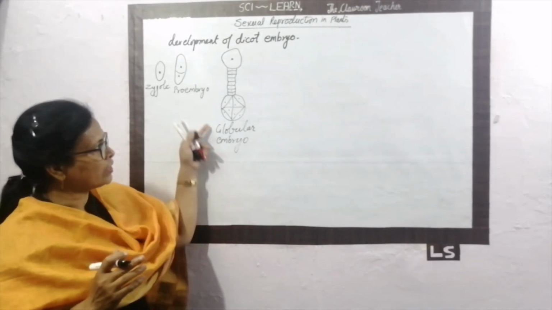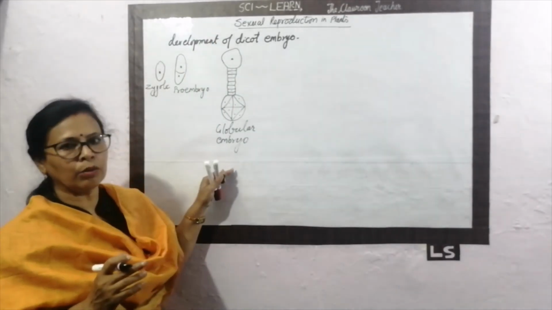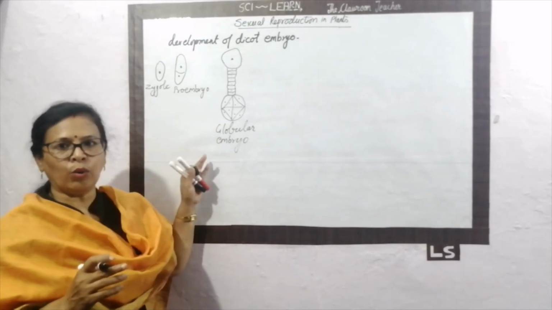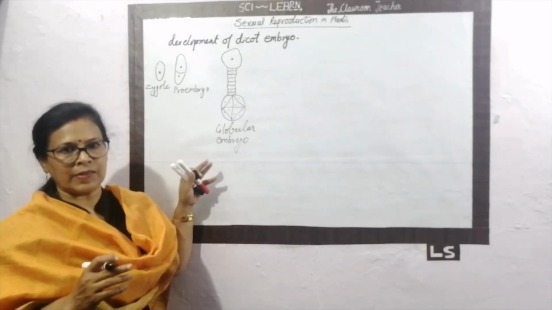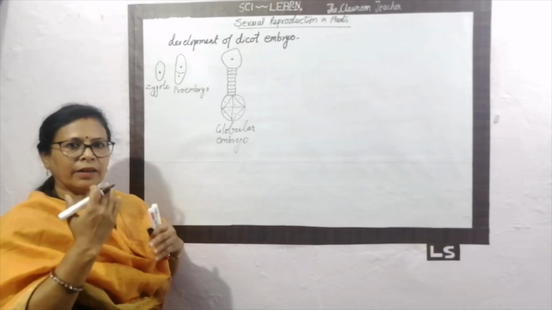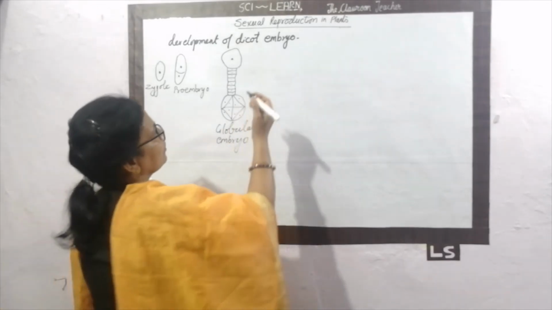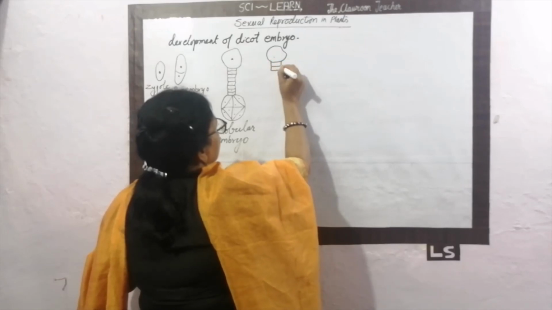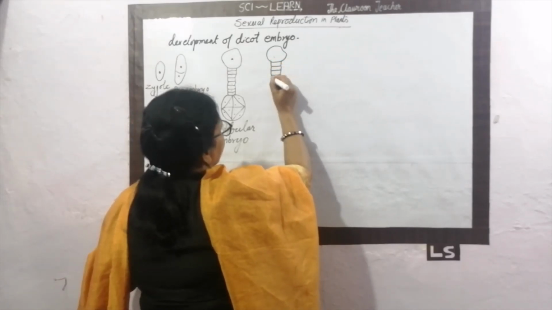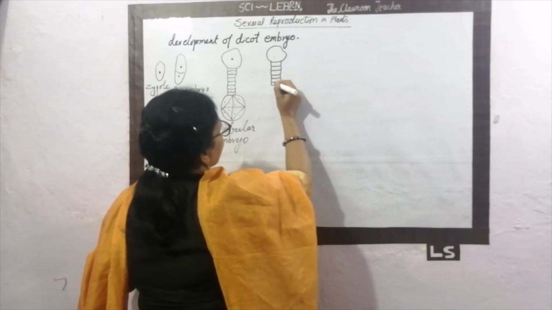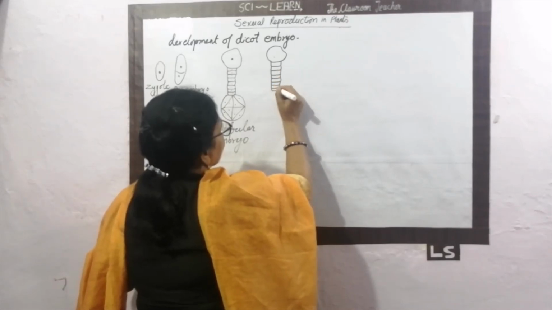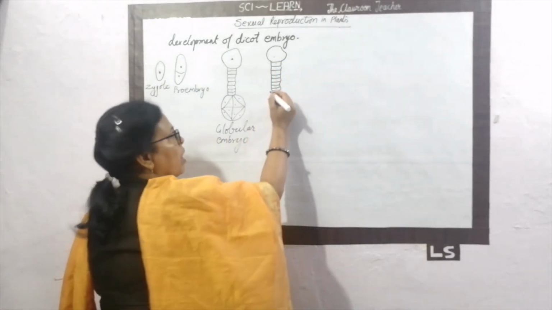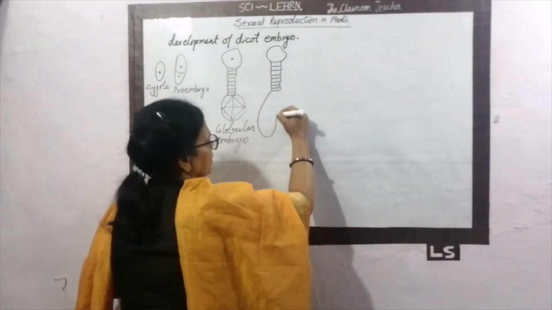The development of this whole part together is called the globular embryo. The development in this upper tier and lower tier goes on continuously. In several planes, they develop continuously, and because of that development, their structure changes.